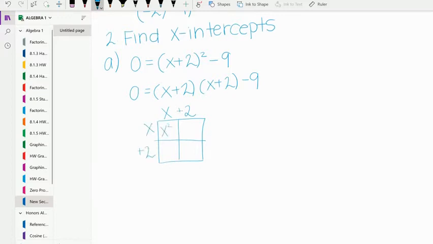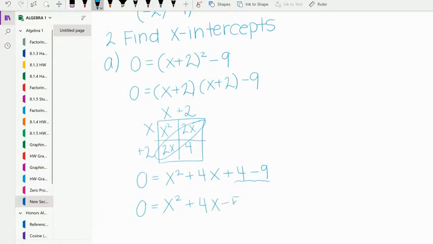So we get x squared, 2x, 2x, and 4. Okay, so that means that these two would combine. So we now have 0 equals x squared plus 4x plus 4, but we also have the minus 9. So then we need to combine those two terms. So we'd have 0 equals x squared plus 4x, and 4 minus 9 is negative 5.